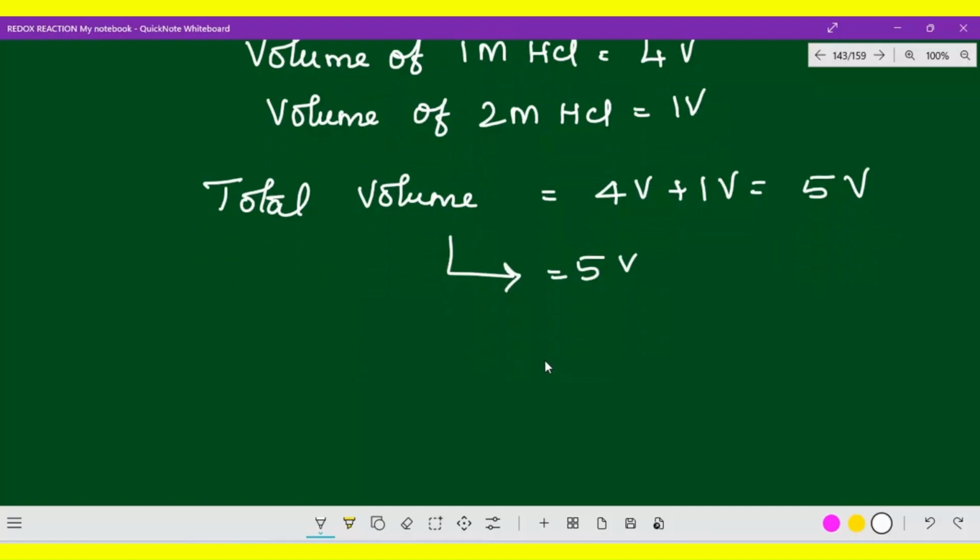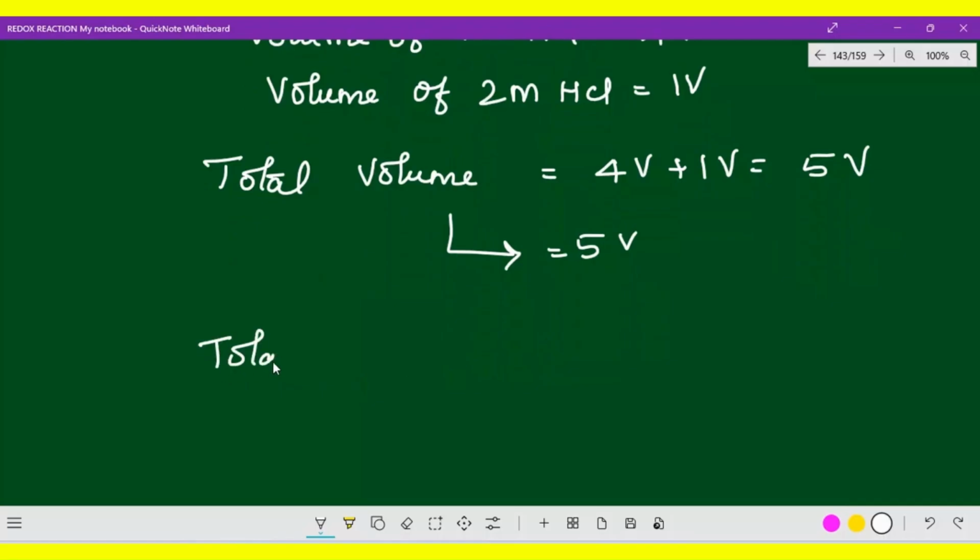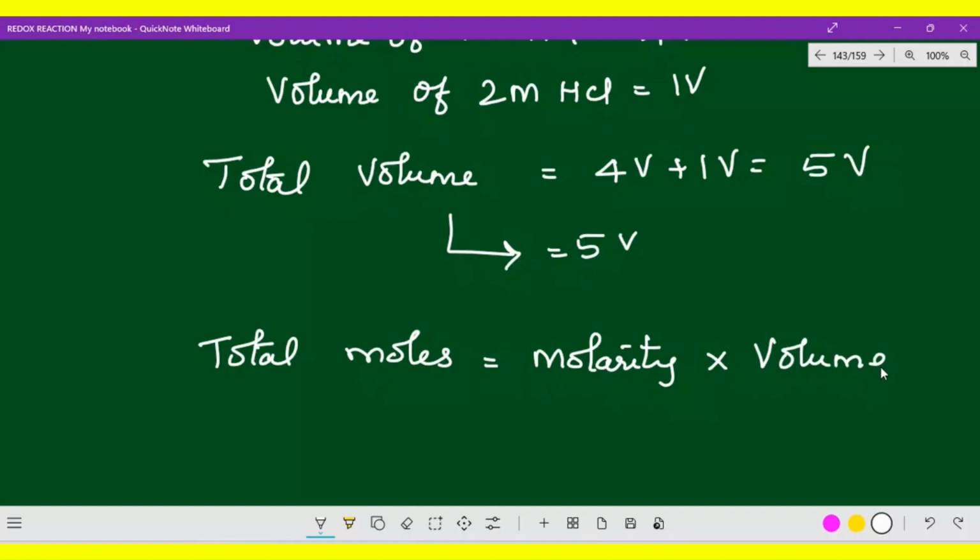Remember this one. Next, total moles we have to identify. So moles, how to identify? Molarity into volume. Here, 1M HCl into 4 volume. See, molarity into volume, right?